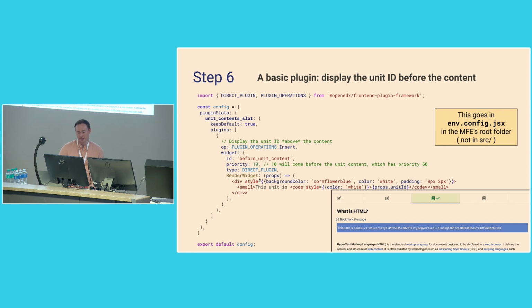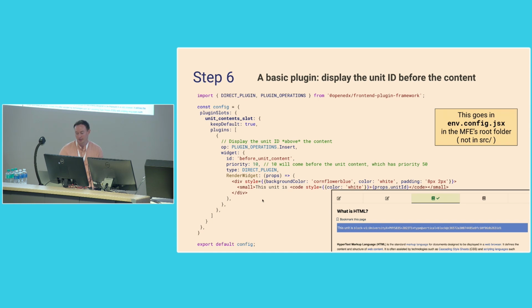In this case, you can either import it from another file and just put the name of the React component there, or for simplicity, for the purposes of this workshop, you can just put it right in your env.config.jsx file. That's what I'm showing here. Basically, this is a React component, so it's a function. It takes props, and then it returns some HTML, basically, JSX.